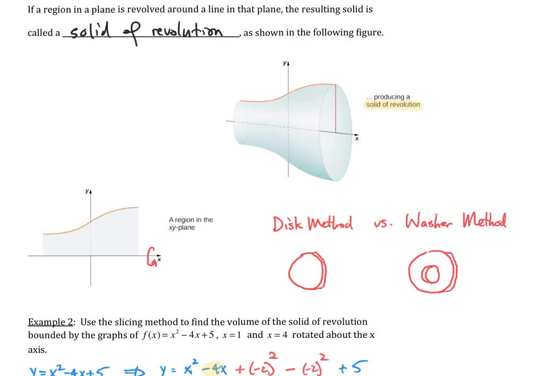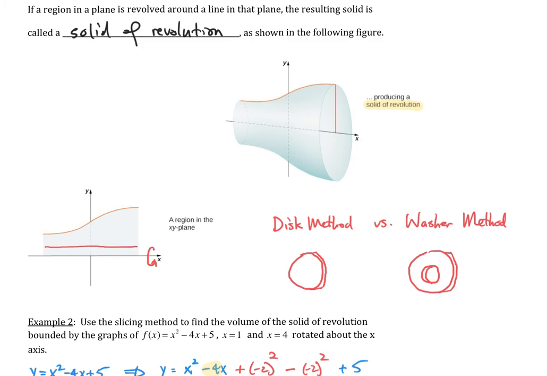Well, if you look at our picture on the left, we had a curve, and then the whole area went all the way to the x-axis. But maybe we'll have another line like this.